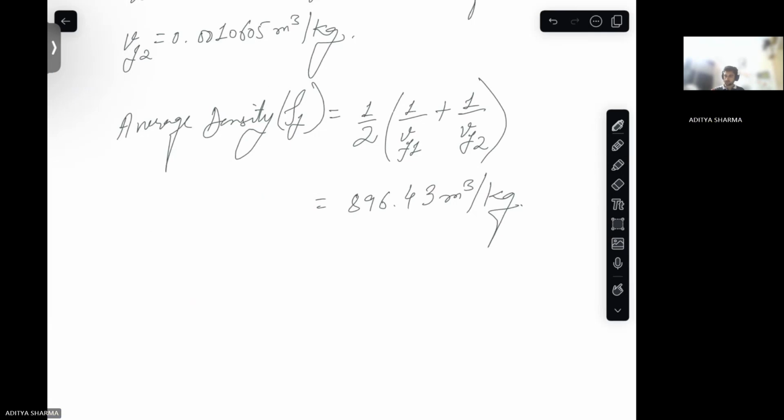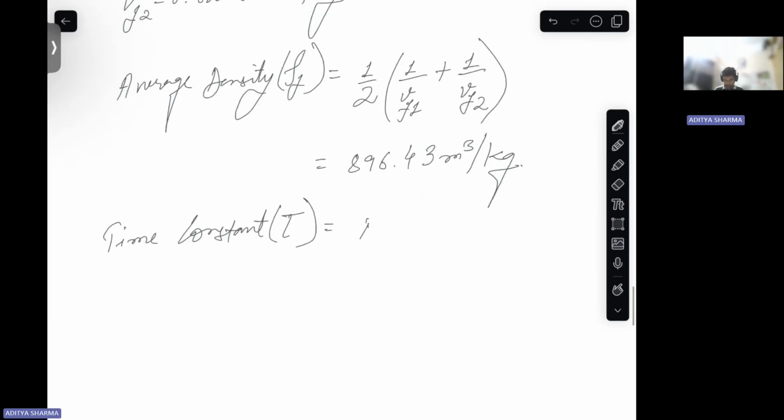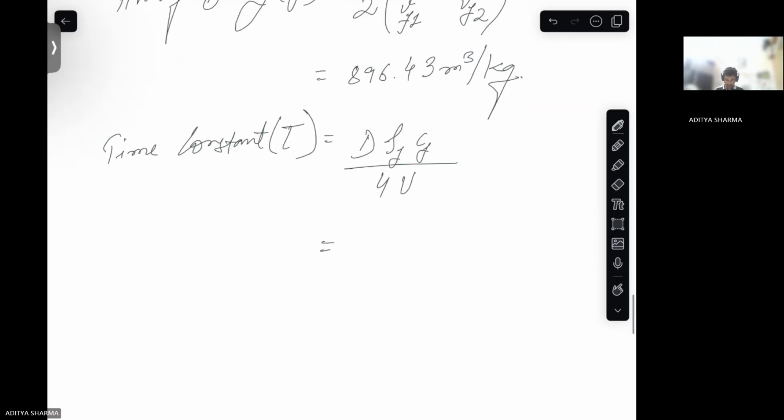Then time constant you find, because later these will be of use. Then putting the values, 4.35 divided by 4 into 7.